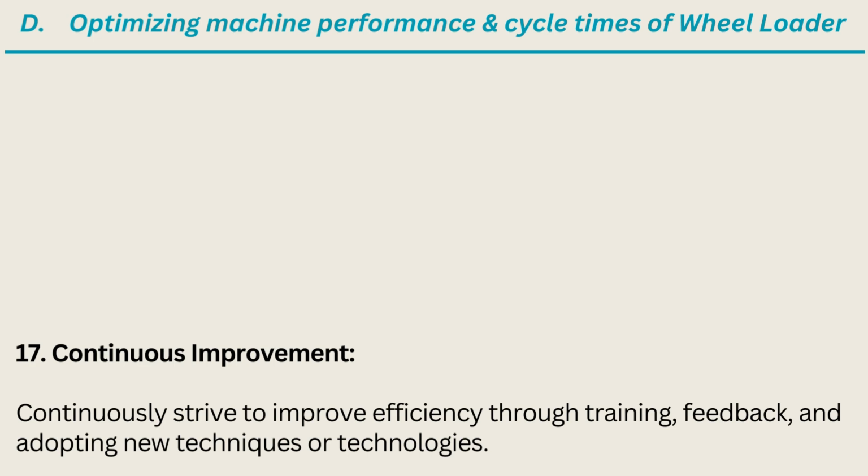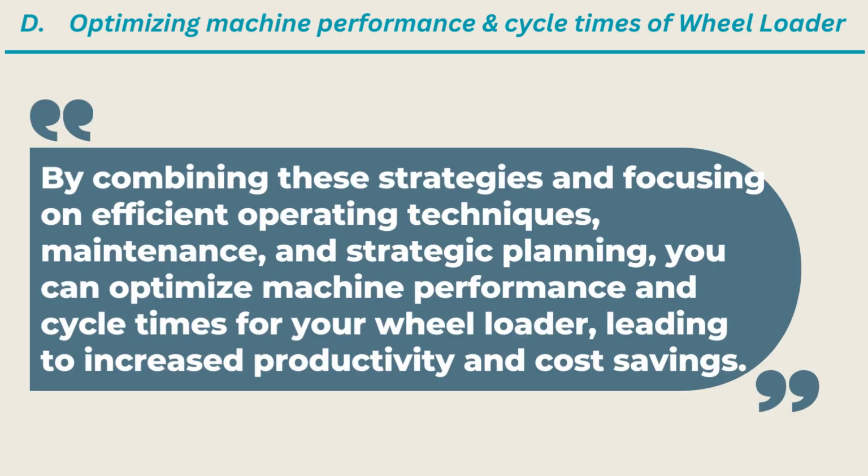Continuous improvement. Continuously strive to improve efficiency through training, feedback, and adopting new techniques or technologies. By combining these strategies and focusing on efficient operating techniques, maintenance, and strategic planning, you can optimize machine performance and cycle times for your wheel loader, leading to increased productivity and cost savings.